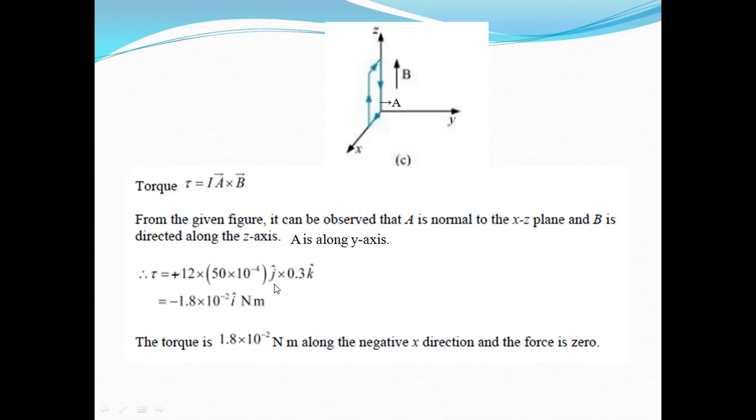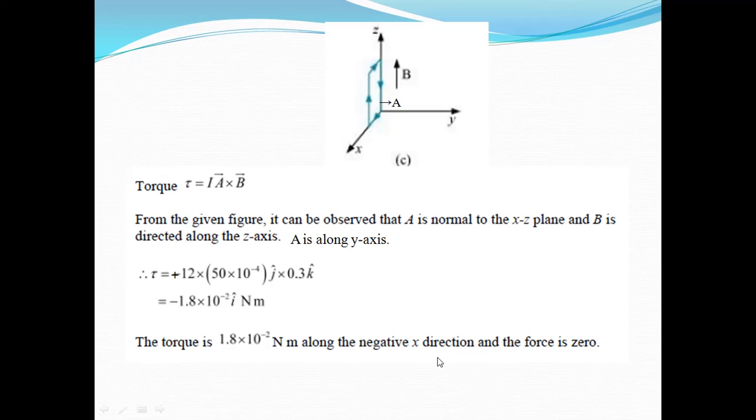Now area is along the y-axis, so we have to use j cross. B is along the k vector, along the z-axis, so it is cross k. And j cross k will be minus i. That means you get torque to be 1.8 into 10 to the power minus 2 Newton meter along the negative x-axis.